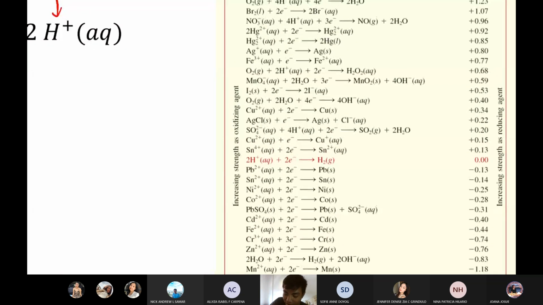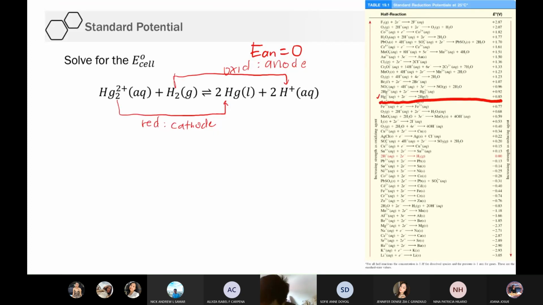Ayun, nakita ko na. Hg2 2+. Ayan, 0.85 daw, sabi. Mag-ingat sa table ha, nakakalito eh. So, the E cathode is 0.85 volts.